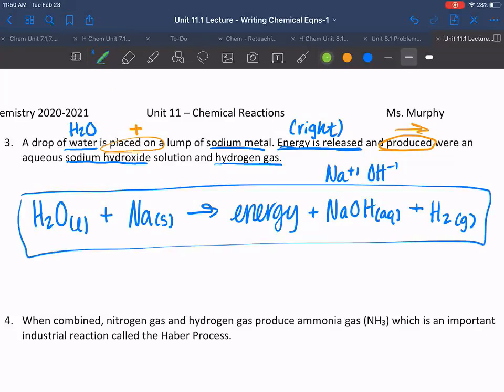So again, I'm just going to write myself a little note that this is a 2 because it's diatomic. Correct. Hydrogen is hiding. Yes, JP. What if it said dihydrogen?